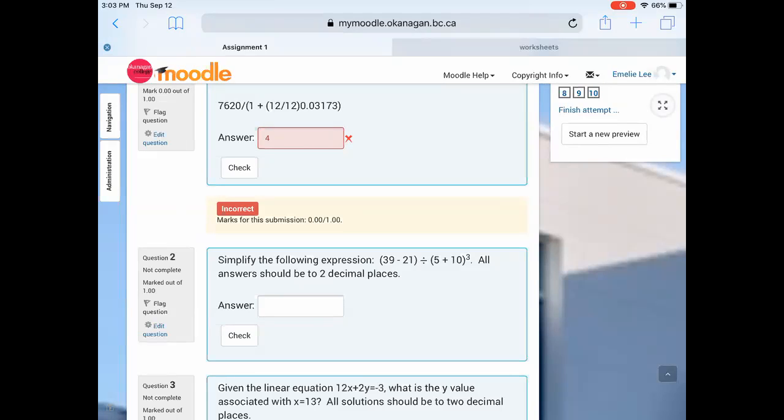Now, 12 divided by 12, let's see here. I forgot my business calculator today, so we'll make it work. 1.03173, and then 7620 divided by that.